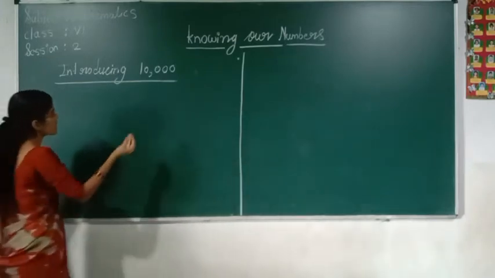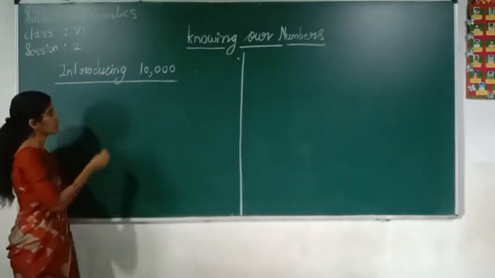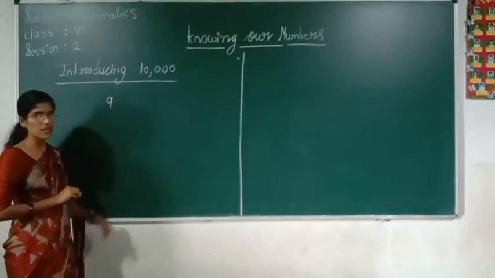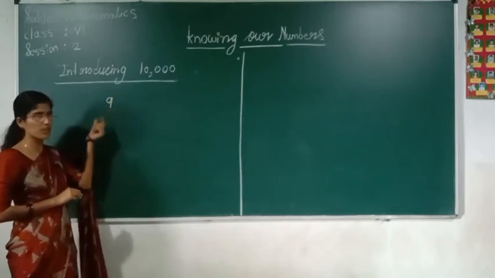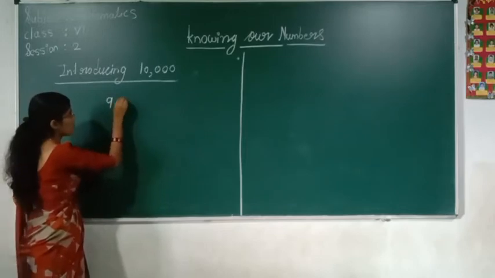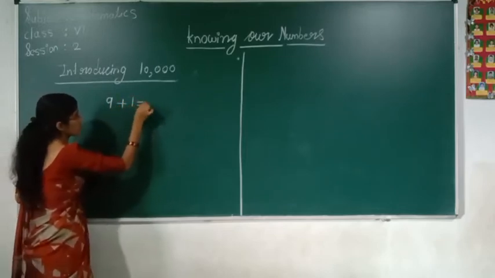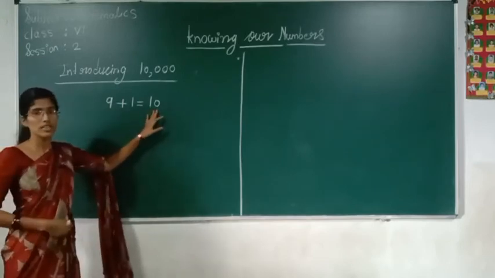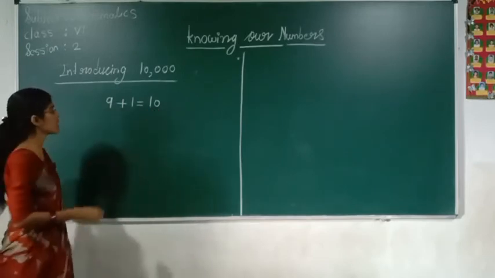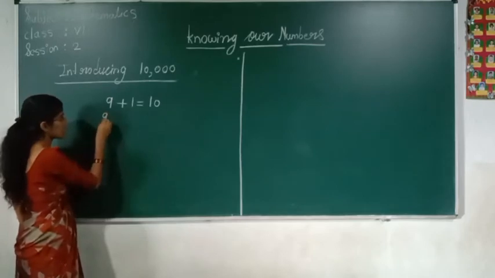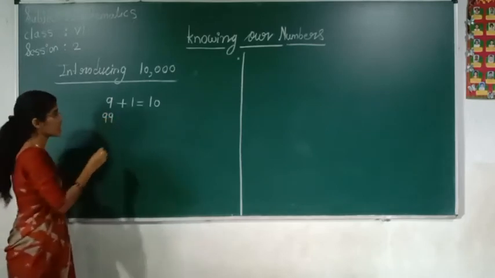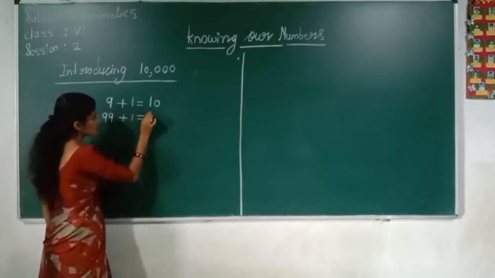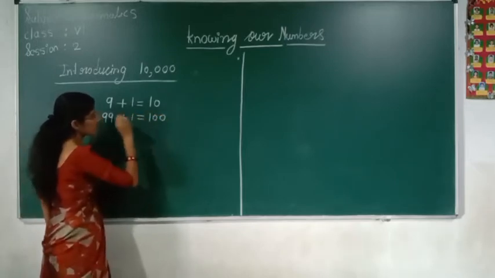If I take the greatest one-digit number, 9, and add 1, 9 plus 1 will be 10. This is the smallest 2-digit number. If I take the greatest 2-digit number, 99, and add 1, I am going to get the smallest 3-digit number.